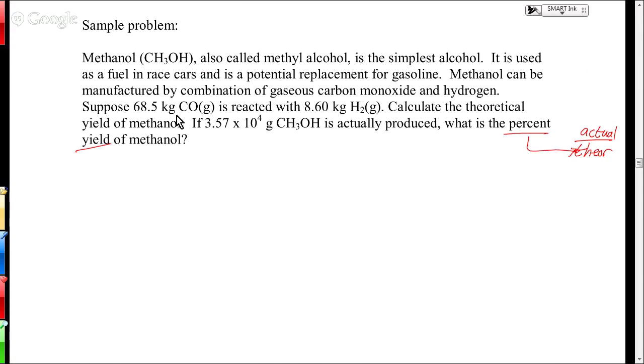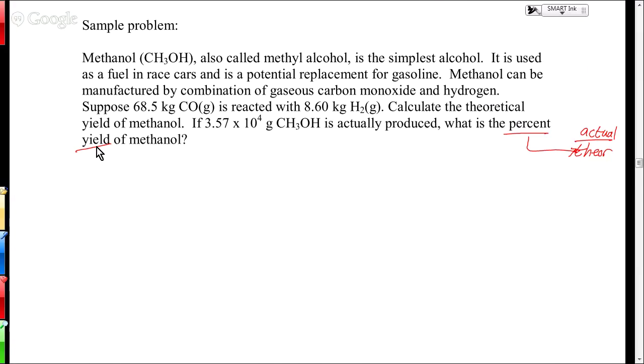You've got two amounts here, 68.5 kilograms of carbon monoxide and 8.6 kilograms of hydrogen. Combine those together and calculate the theoretical yield. Then it also tells you, if this is how much is actually produced, what is the percent yield? So how much of the theoretical yield did you actually get when you did the reaction?